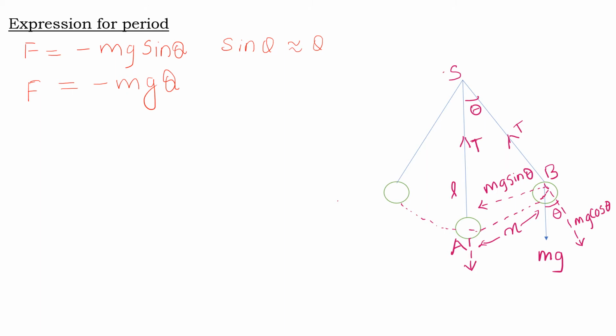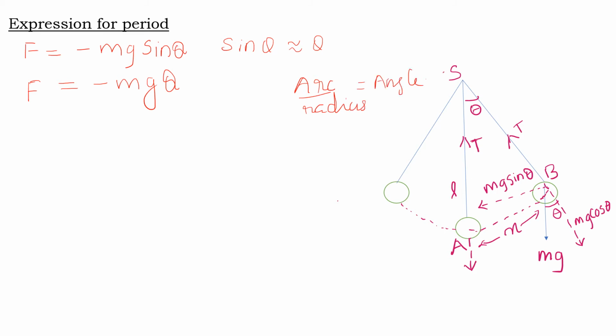But from the figure, theta means this is the angle theta, and this side gives the length L, and the distance x can be represented as this value. We know that arc by radius is equal to angle.